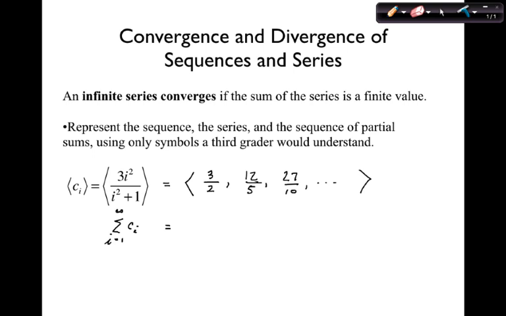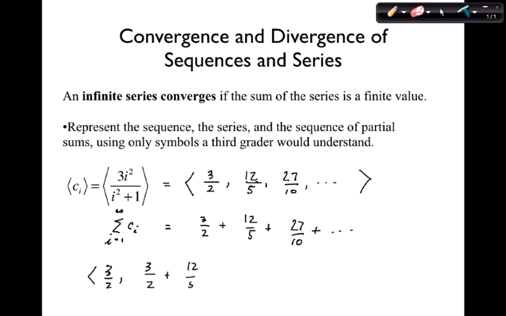And then, what is the series? Right. You're going to do 3 halves plus 12/5 plus 27/10. This is all review, right? Sequence of partial sums: 3 halves, comma, 3 halves plus 12/5, comma, 3 halves plus 12/5 plus 27/10, comma, dot, dot.